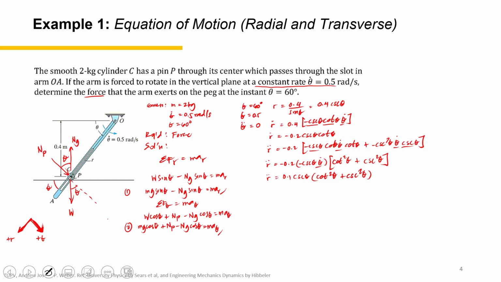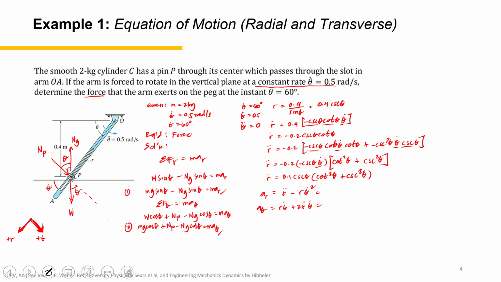Okay, so now we have equations for r dot and r double dot. So we can now solve for A_r and A_theta. So the formula for A_r is equal to r double dot minus r theta dot squared, and for A_theta that would be r theta double dot plus 2 r dot theta dot. Okay, so let's plug in the values.